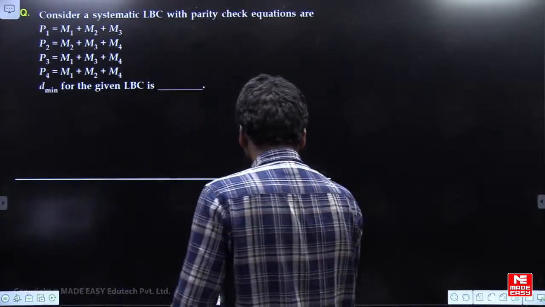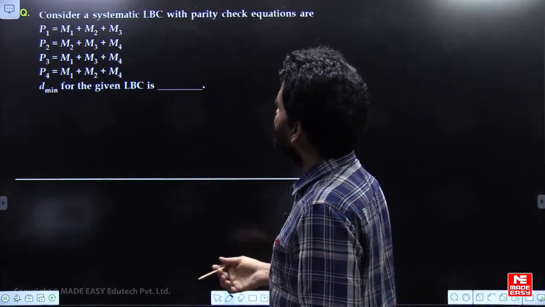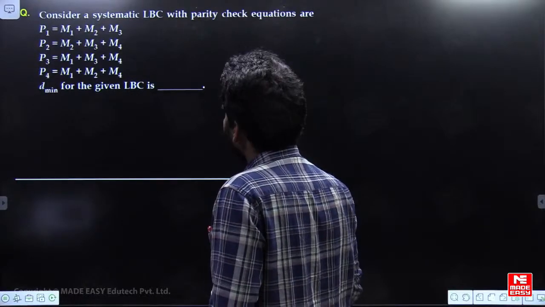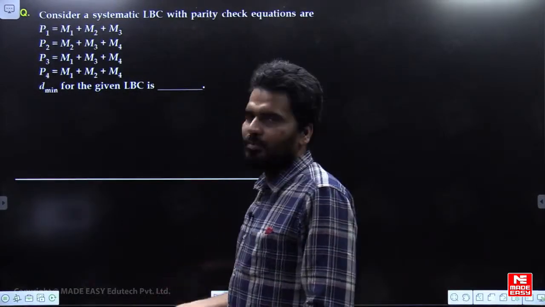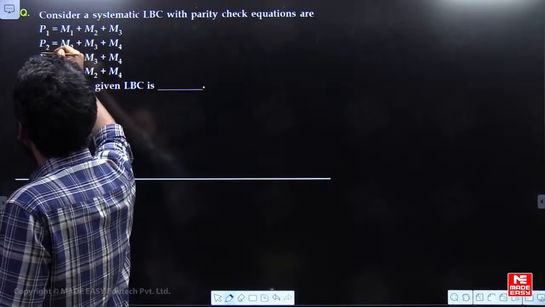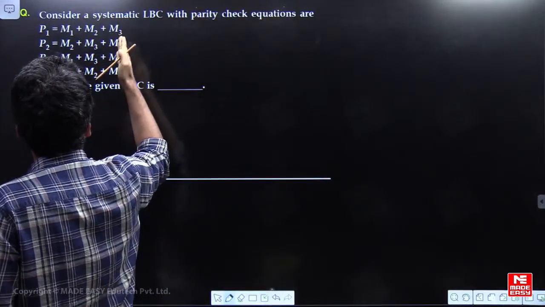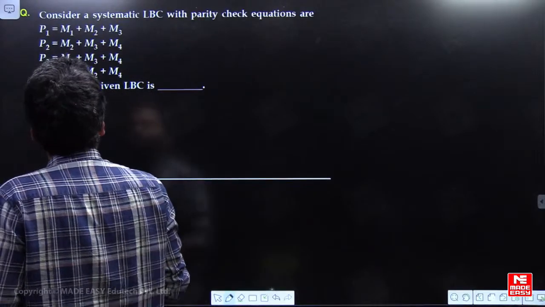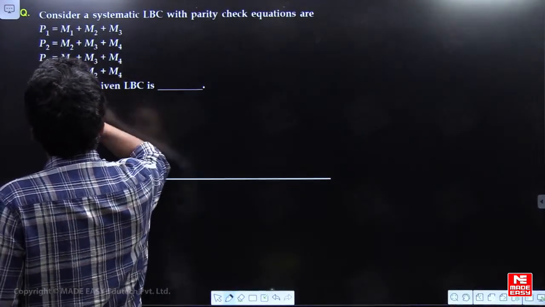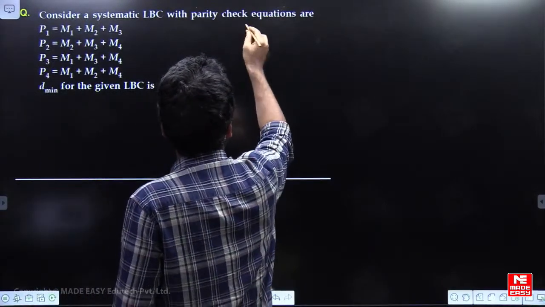Now here, consider a systematic LBC with parity check equations given like this. Here the parity check bits are given. The parity bits here are P1, P2, P3, P4, and M1, M2, M3, M4 are the message bits. So how many message bits can you see? M1, M2, M3, M4, that is 4 message bits.